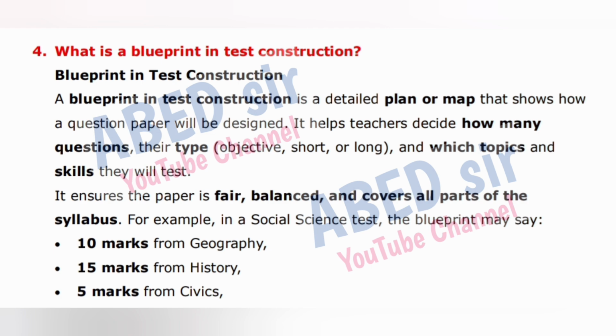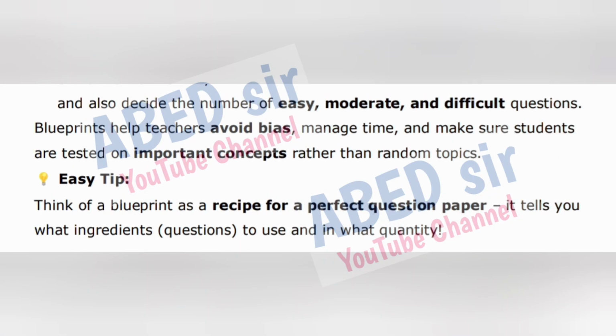It ensures the paper is fair, balanced, and covers all parts of the syllabus. For example, in a social science test, the blueprint may say 10 marks from geography, 15 marks from history, 5 marks from civics, and also decide the number of easy, moderate, and difficult questions.